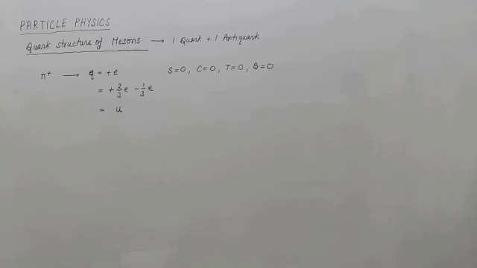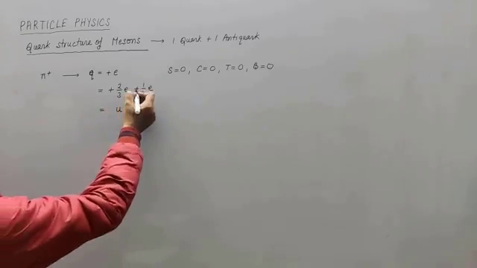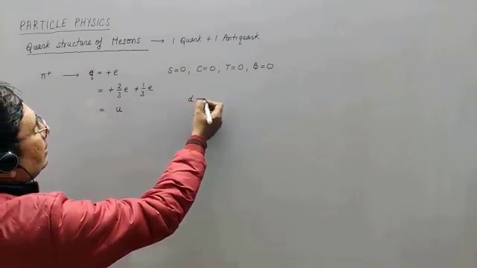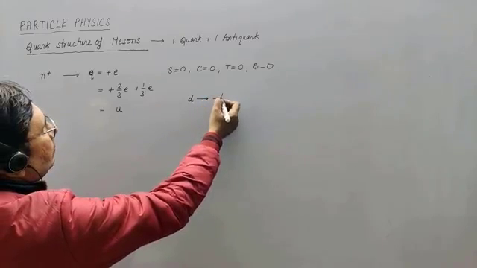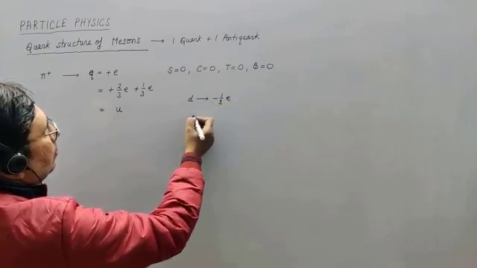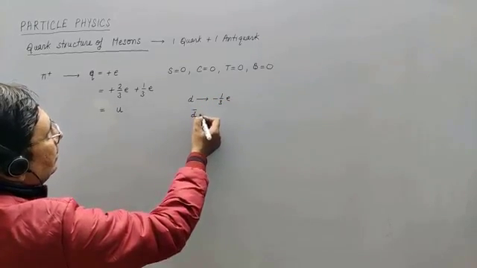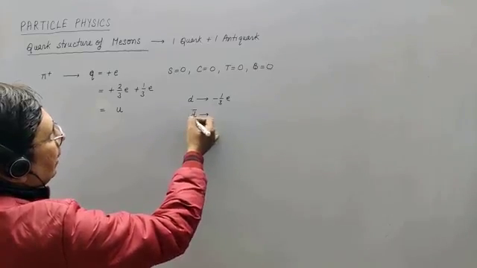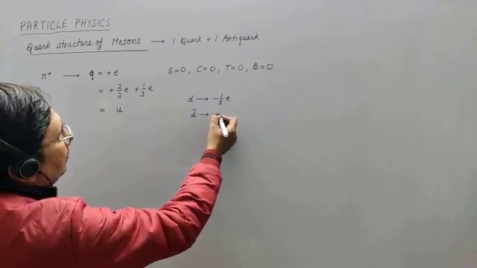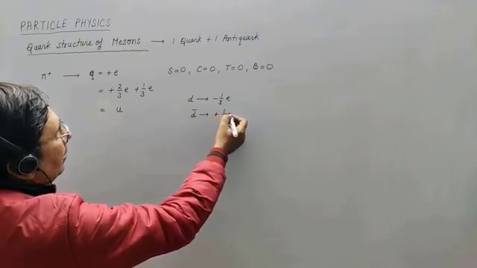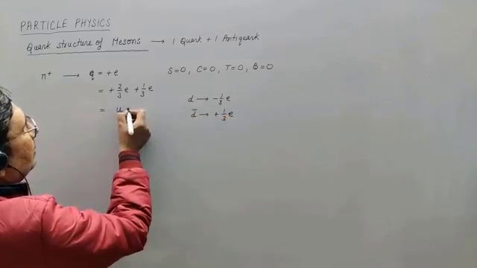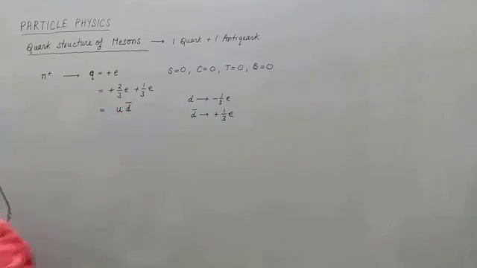D carries the charge equal to minus 1 by 3E, so the antiquark of D will carry the charge plus 1 by 3E. So this will be U D bar. This will be the structure of the pi plus.